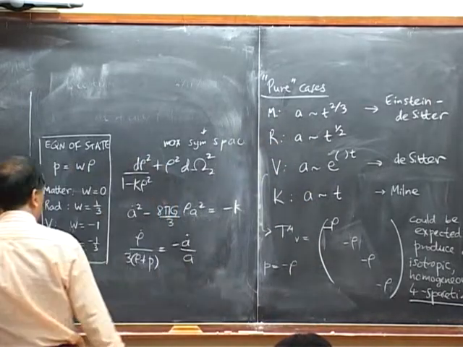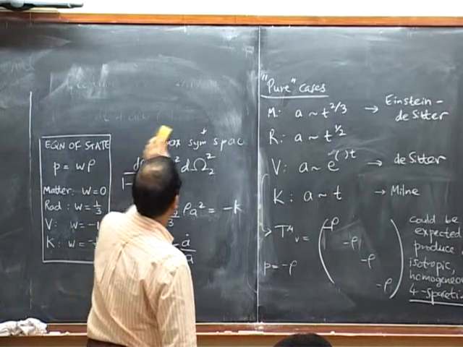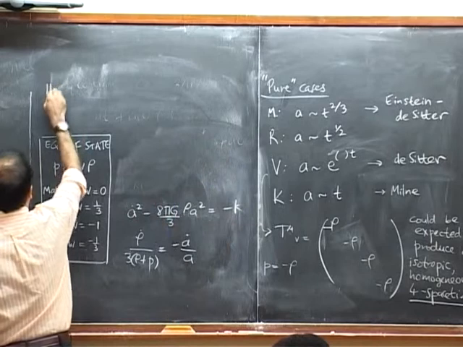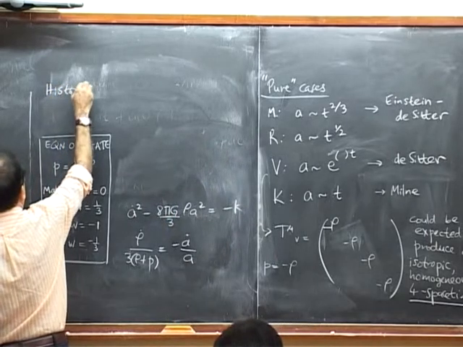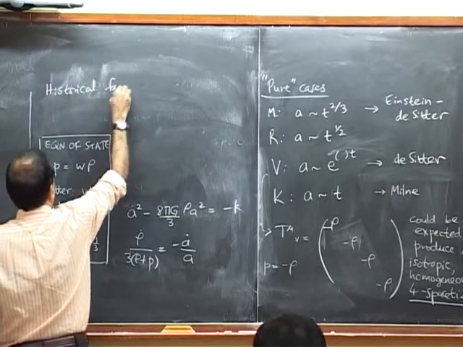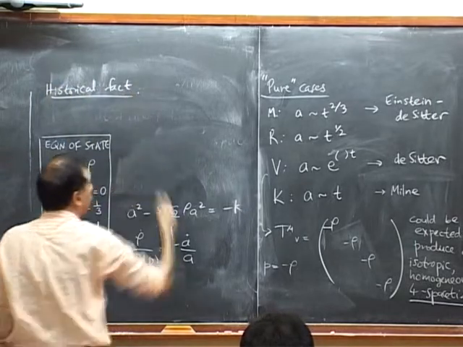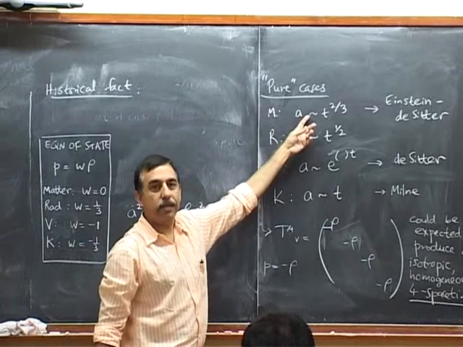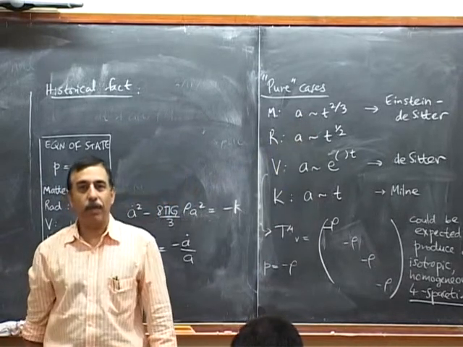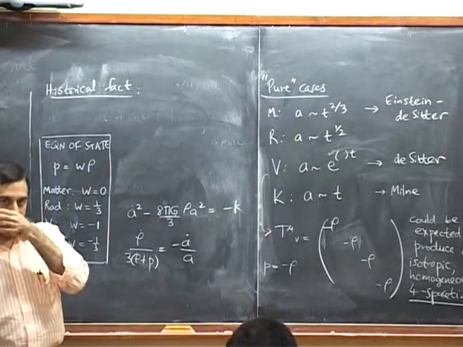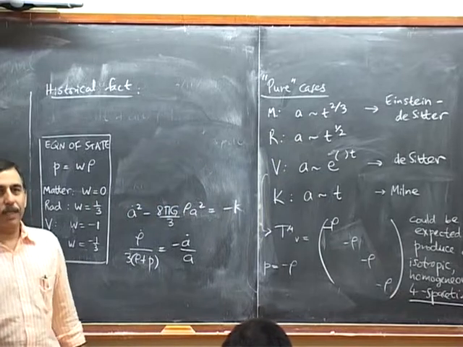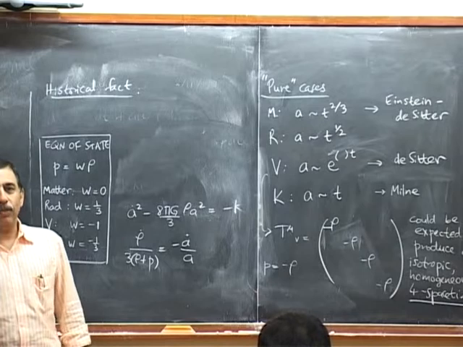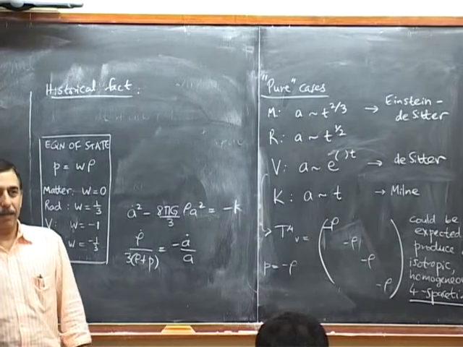Okay, now let's look at one non-pure case for an interesting historical interlude. So, historical fact. Now, one thing is that the first case, the matter-dominated case, is the most natural for people to have considered since they ever learned to solve Einstein equations, because there is matter in the universe, okay, and there is radiation too, but you could hope that the radiation doesn't matter much.